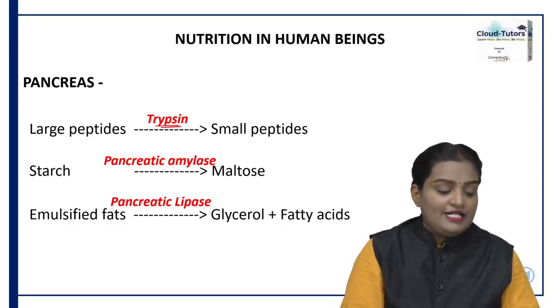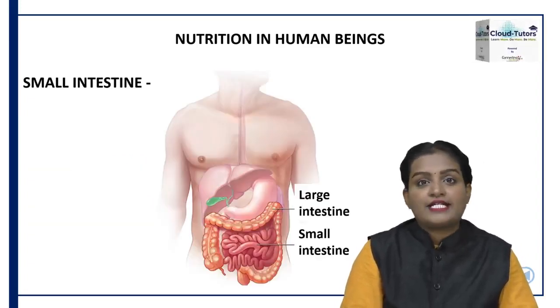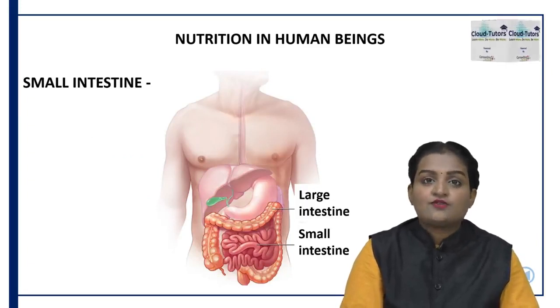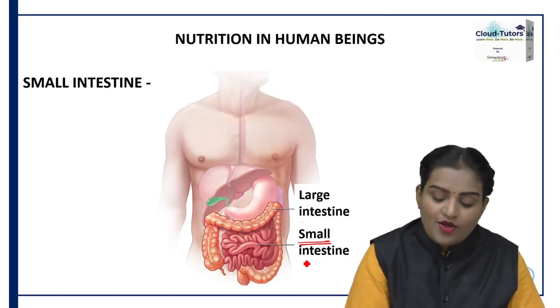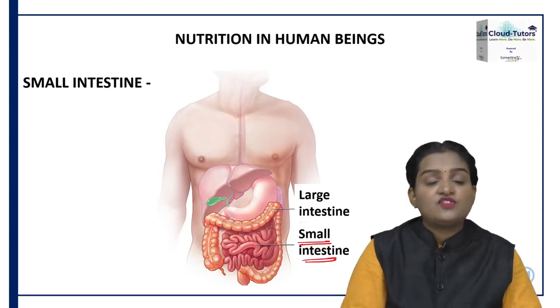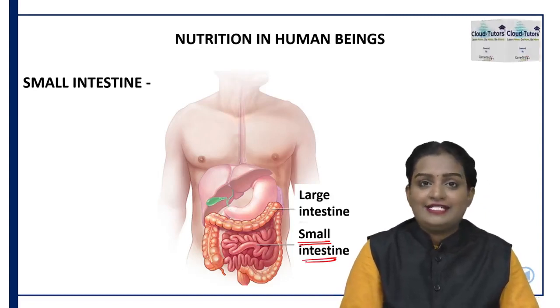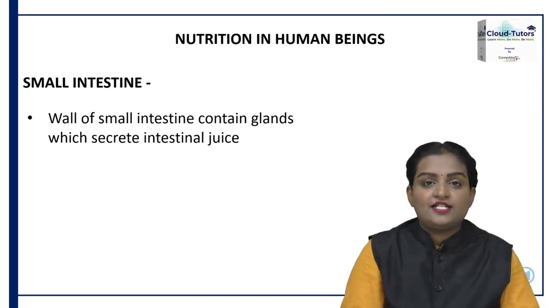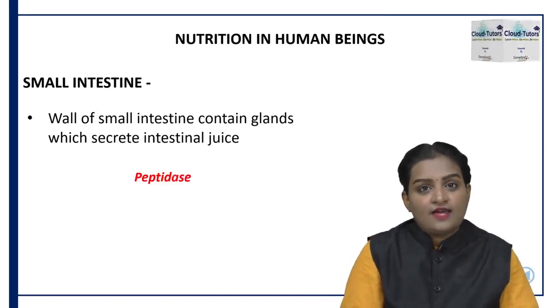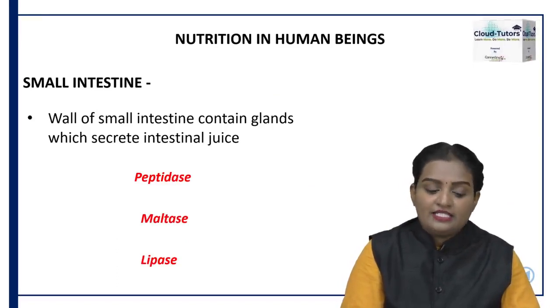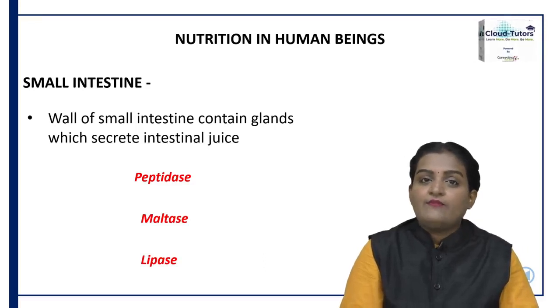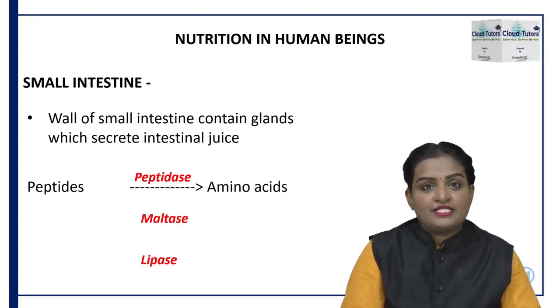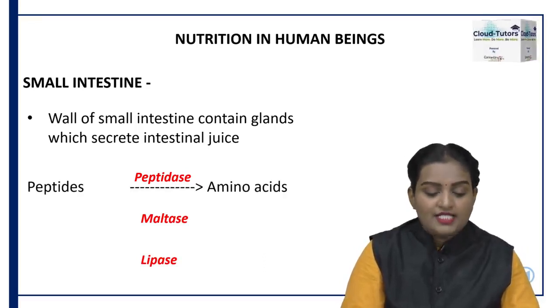Now, similarly, the intestine also secretes intestinal juice. Here we are talking only about the small intestine because the large intestine will not produce any enzymes. The small intestine produces intestinal juice. It has three types of enzymes: peptidase, maltase and lipase. Peptidase will break down peptides into amino acids.